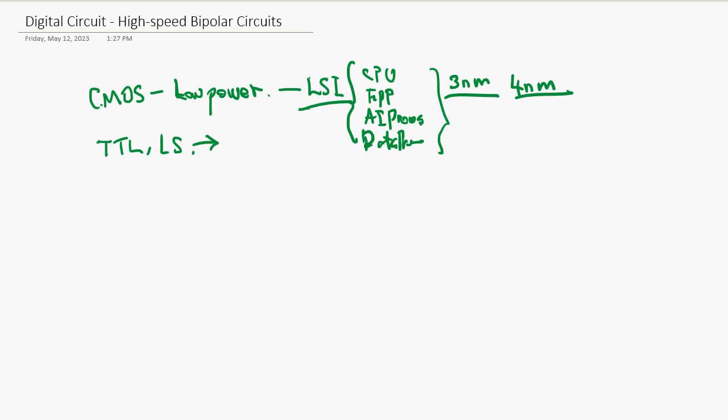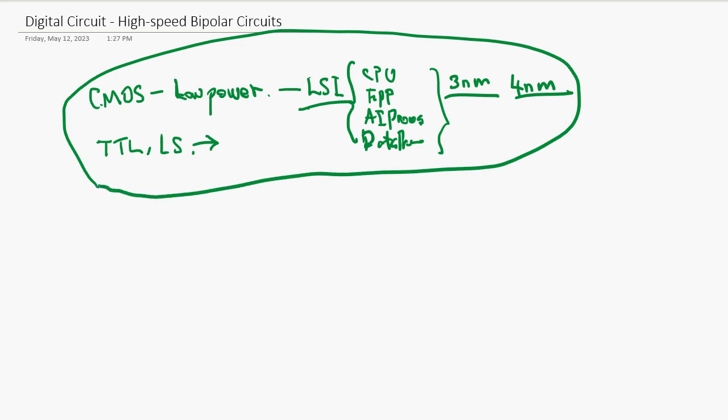And this is actually not used for the large chip design these days at all. So this is one category of the technology.